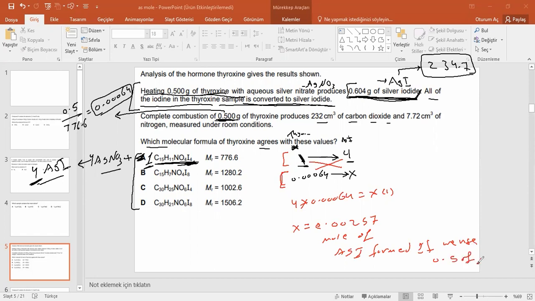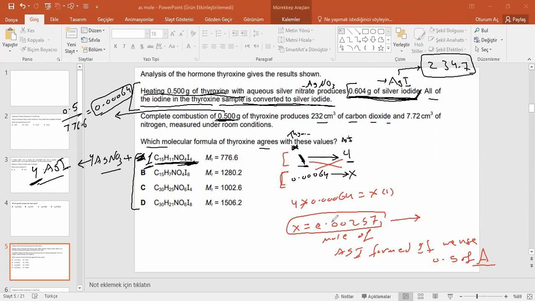if we use 0.5 of compound A, or option A, which is this. I will convert the moles to grams and match it with this. If they are identical, then this is the correct option.